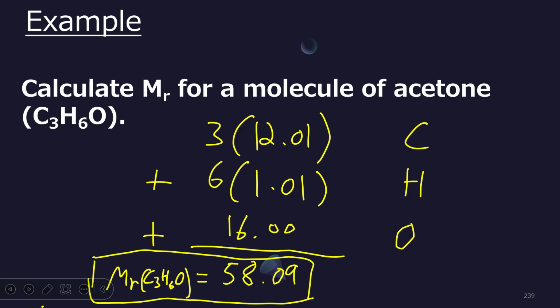And you'll get 58.09. And it's unitless, it's not asking for the molar mass, it's asking for the relative molecular mass, so we don't write any units here. But the molar mass would be the exact same number here, just with units of grams per mole.